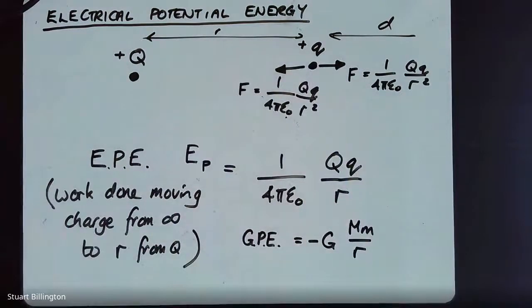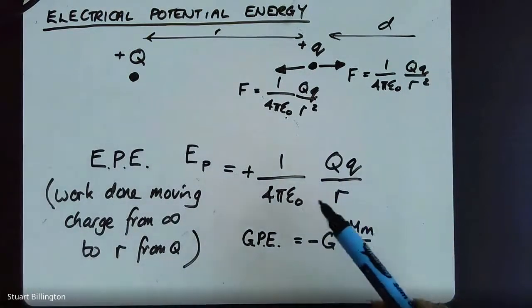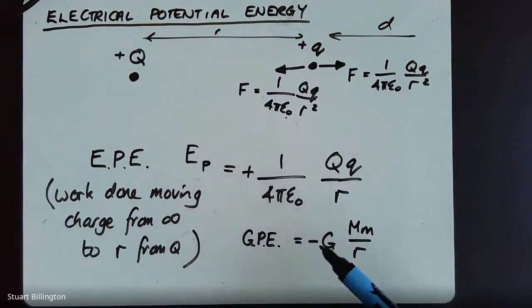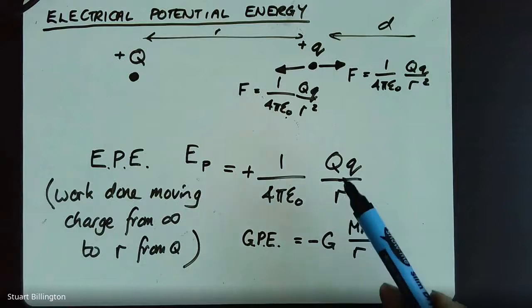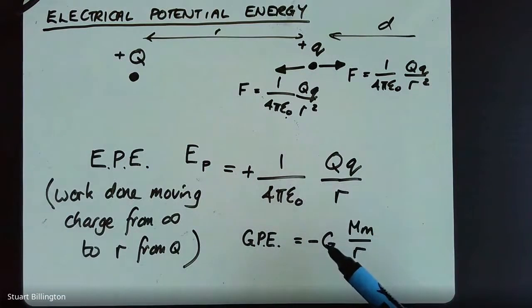So you need to remember that this is a positive formula here. We don't bother printing the positive sign, but it is a positive formula. Whereas the same formula for the gravitational potential energy has a negative in it. That's because this is a repulsive force, and this is an attractive force.